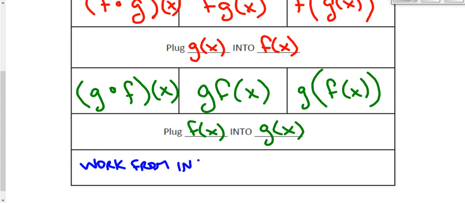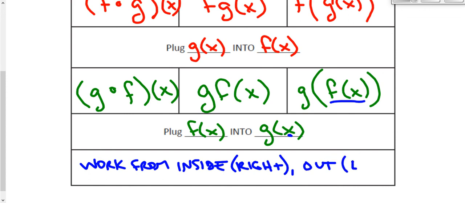from the inside. And I want to go ahead and show you again, the inside number is going to be the number in the function, which is to the right of the function I'm plugging it into. So I want to work from the right to the left. I want to work from the inside to the outside. So the inside is the right, and then I'm working my way out, which is to the left.